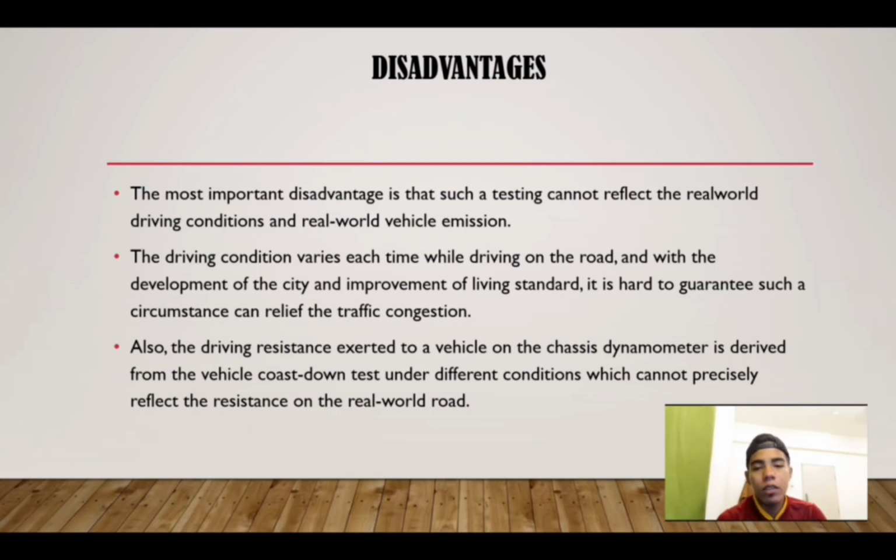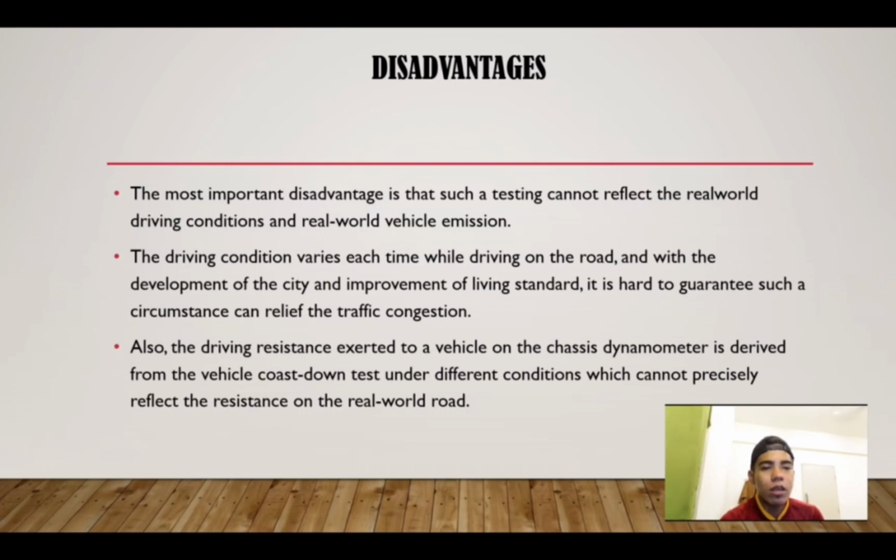The disadvantage of this friction type of dynamometer is that such testing cannot reflect real-world driving conditions and real-world vehicle emissions. The driving condition varies each time when driving on the road, and with the development of the city and improvement of living standards, it is hard to guarantee that such a circumstance can relieve traffic congestion.